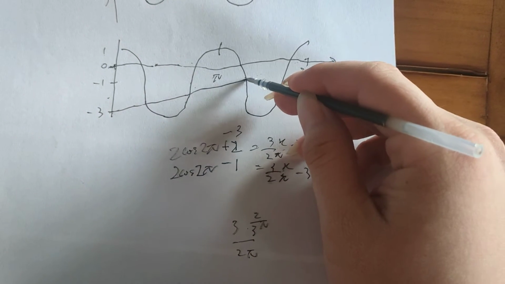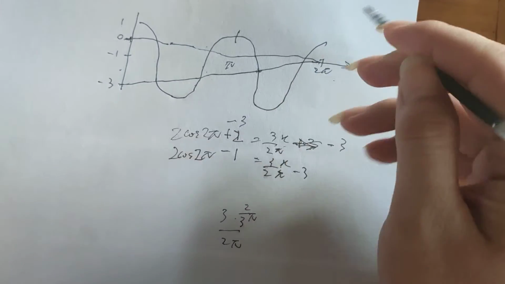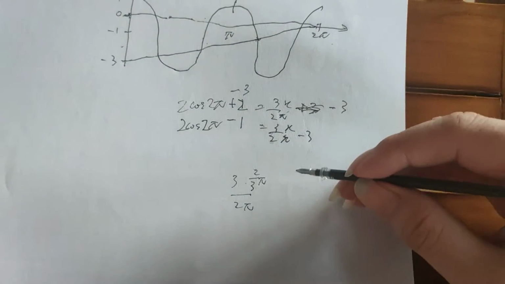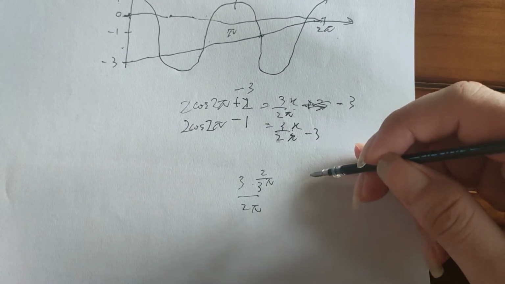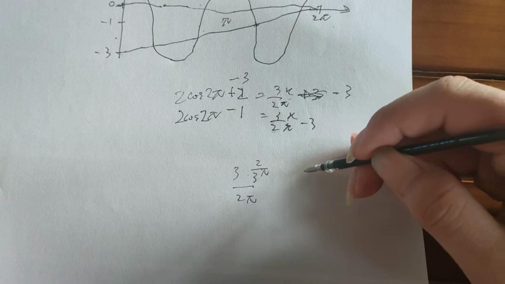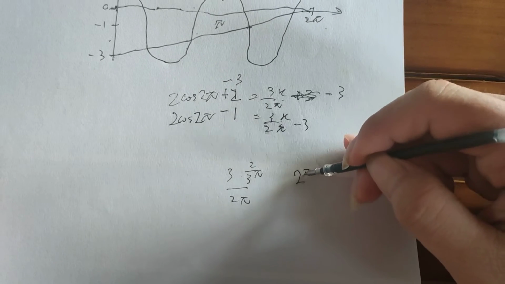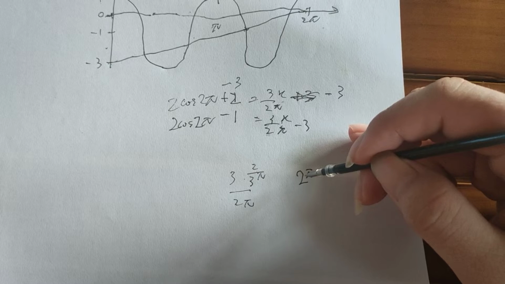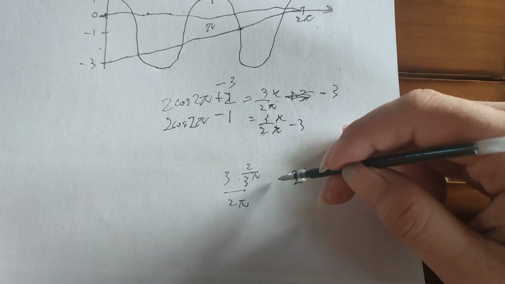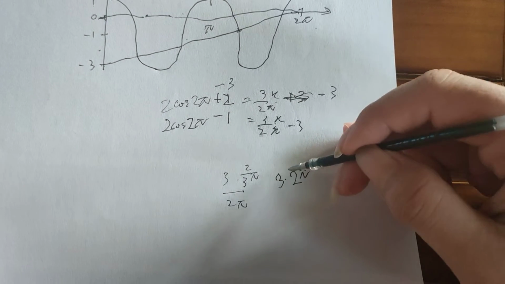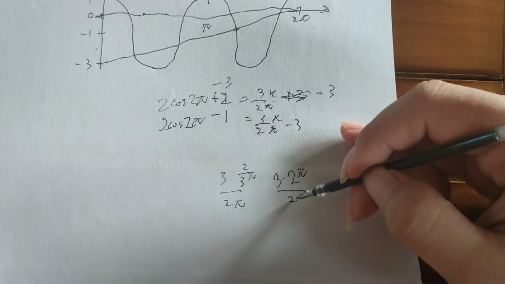Okay, we know an easier way to understand this. When it is 2 pi, times 3 over 2 pi.